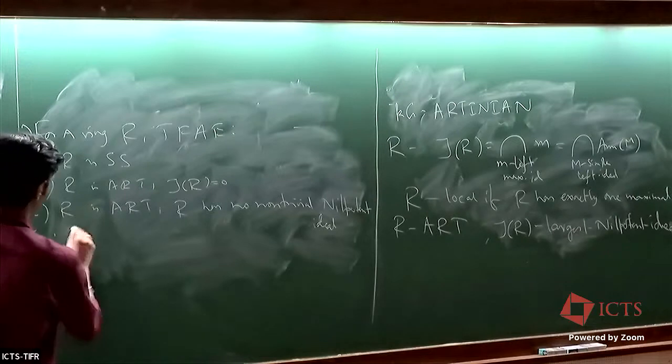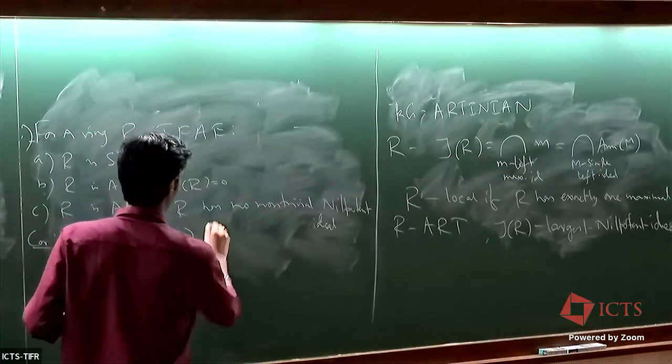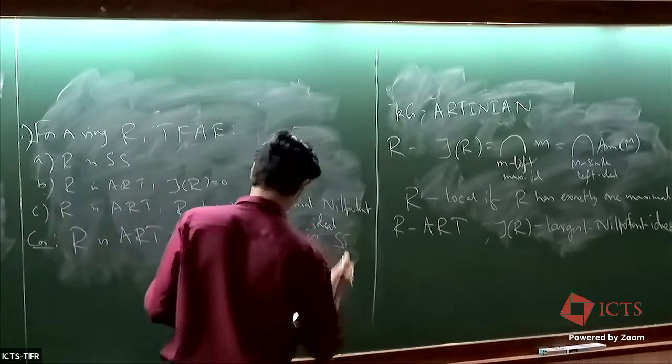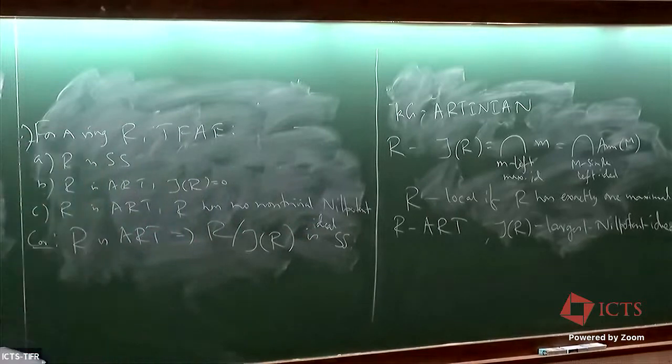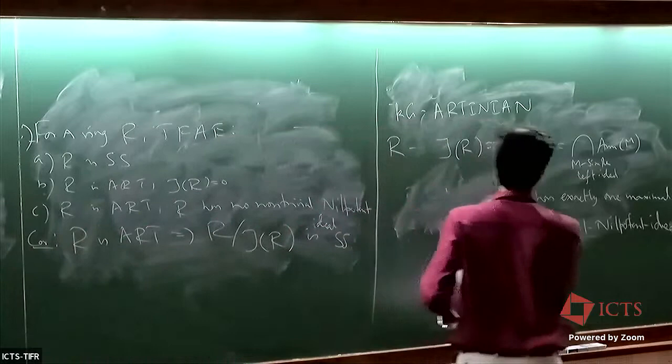Corollary: if R is Artinian, R mod Jacobson radical is semi-simple. Actually, one can characterize all the semi-simple rings. That is because of the Artin-Wedderburn structure theorem.